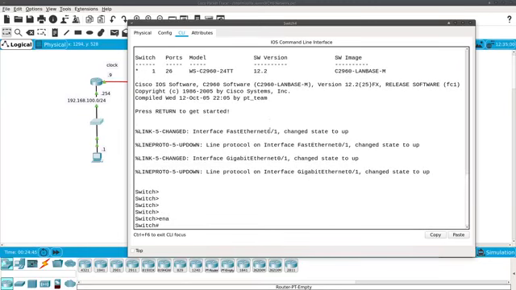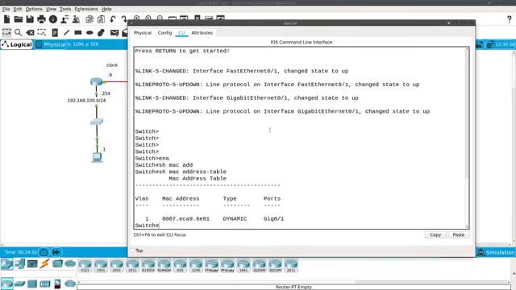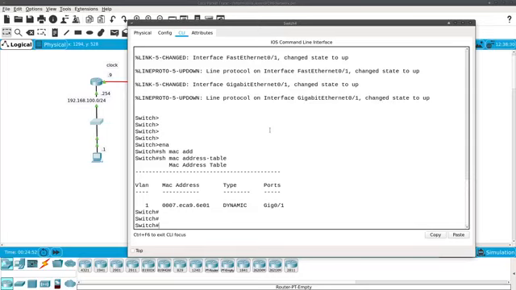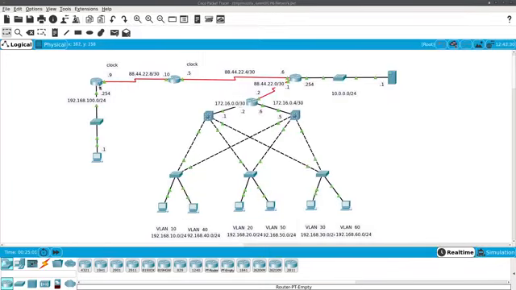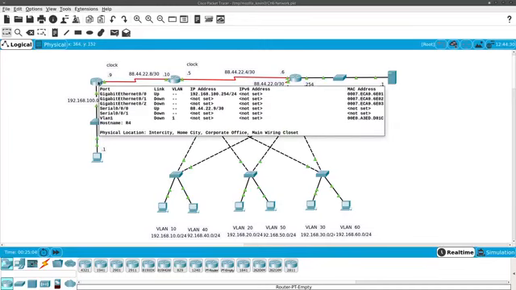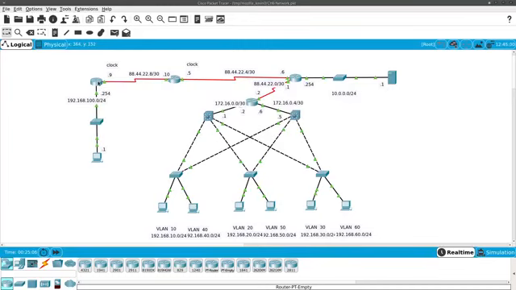Go into privilege mode by typing enable. We can shorten that to ena, and then we'll just type show mac address-table. Okay, I have one entry on my MAC address table. That is on interface gigabit 0/1. I can see the MAC address of a device on that interface. That is almost certainly the router, because the router is plugged in to interface gigabit 0/1.